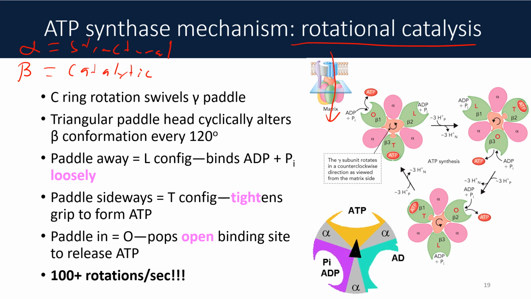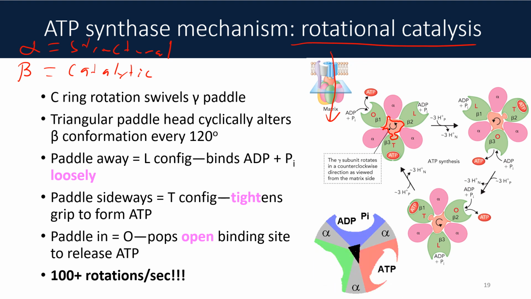The gamma paddle, if you noticed, shown over here as this orange irregular blob, it's not just like a rod. It has a very weird shape. It's kind of like a wedge, or they say it's triangular, but doesn't look like a triangle to me. Anyway, depending on the orientation of this weird shape with respect to the beta subunits, that's going to dictate its conformation and what kind of functionality it can achieve in that moment. So let's begin in the following states.